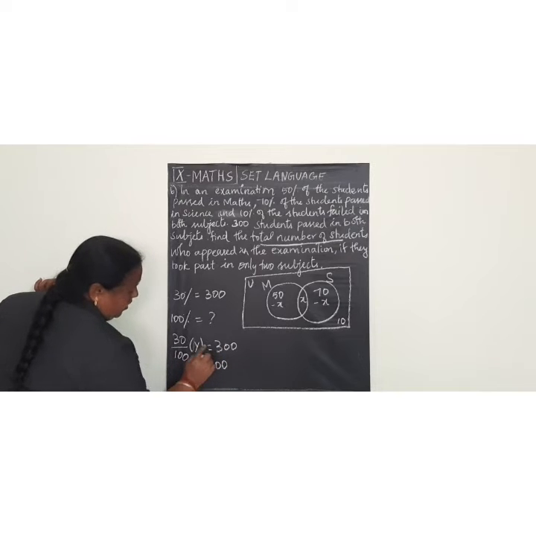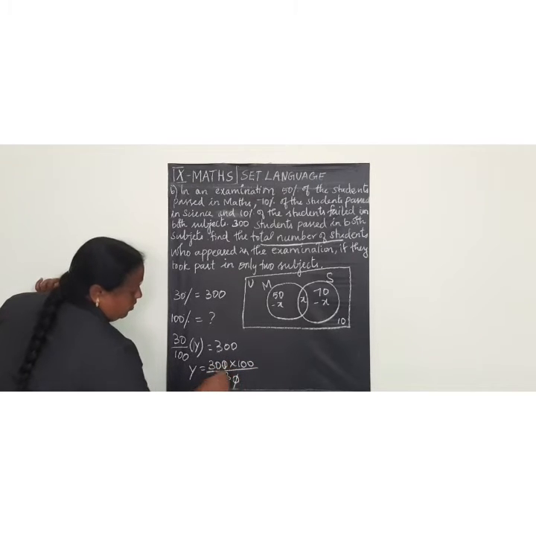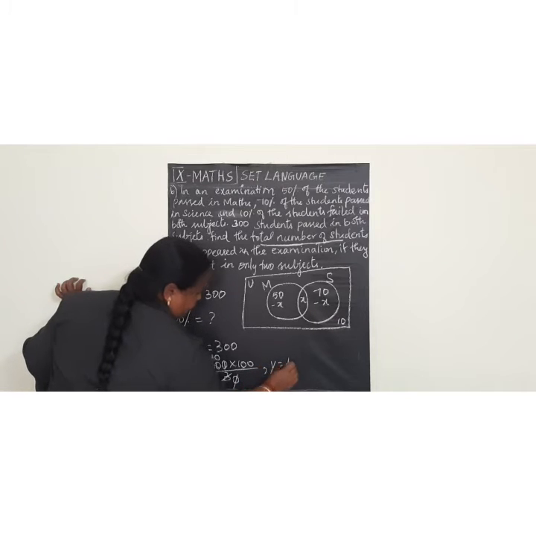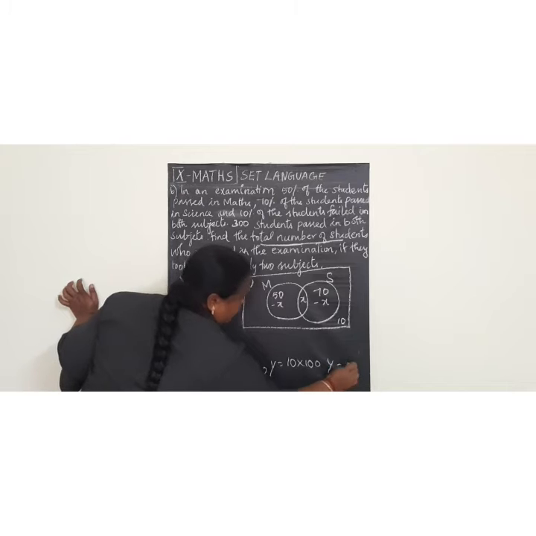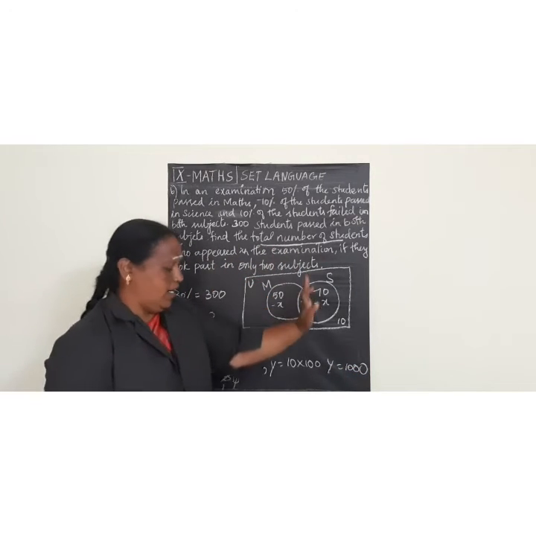When you are bringing this 30 by 100 this side into 100 by 30. 0 and 0 will get cancelled. 1 3 is 3, 10. So y is equal to 10 into 100. So total number of students is equal to 1000. How many students? Total number of students is equal to 1000.